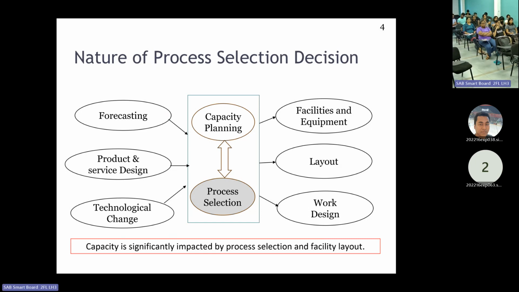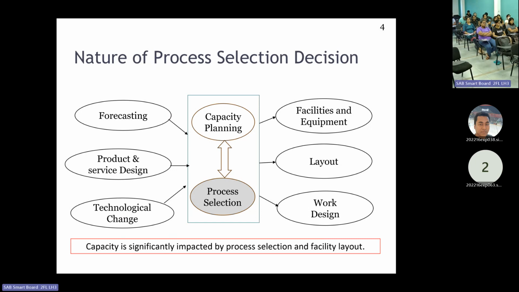So if so, process types would be different. On the other side, assume that we are going to manufacture customized products, changing features and characteristics according to the custom orders we get. That is the nature of the product design. We might require different processes than earlier. So product design decisions affect process selection.